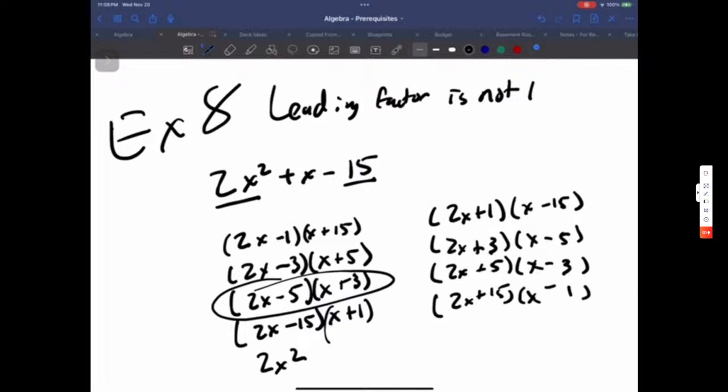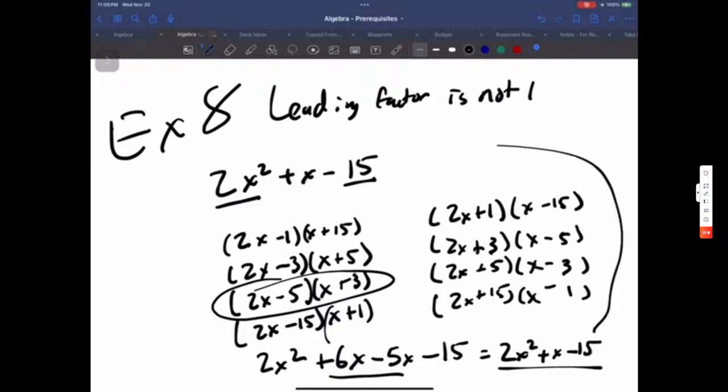You got the minus 5, or the 2x times the 3, you got plus 6x, minus 5 times x, plus, well, minus 15. And the middle term here, plus 6 minus 5 is going to get you plus 1. So you get 2x squared plus x minus 15. And that gives us what we're looking for, so we know that that's the correct factorization.